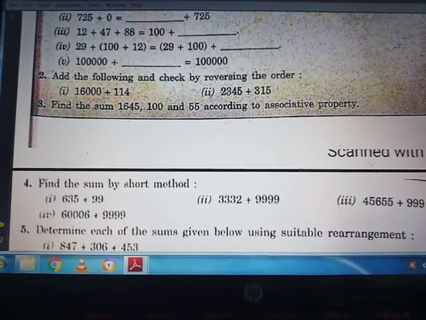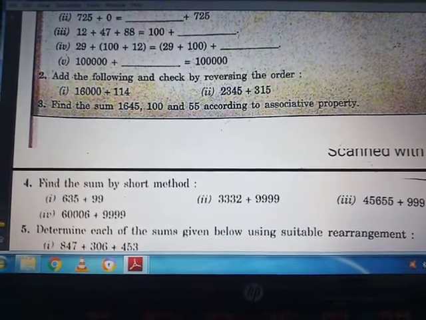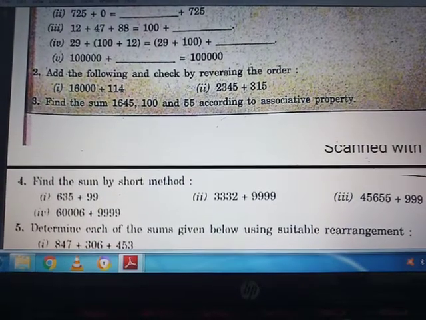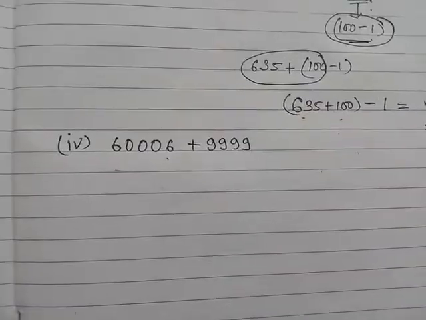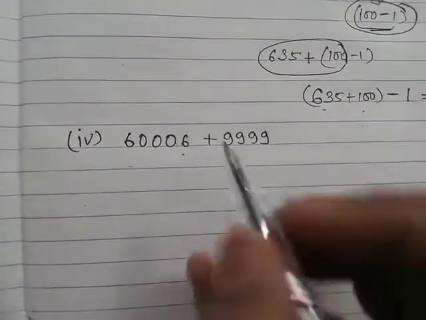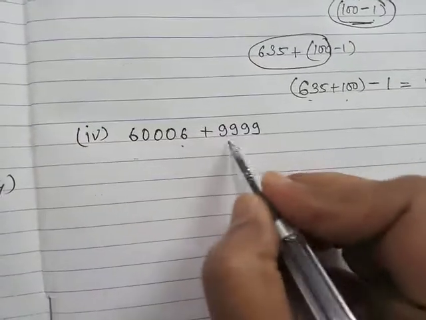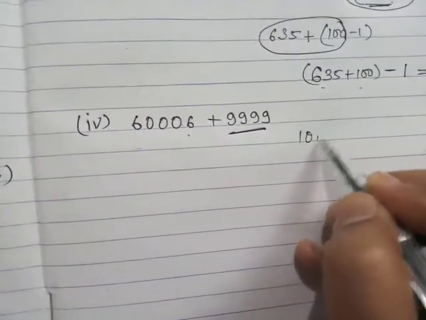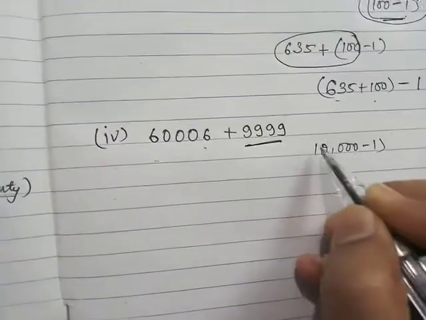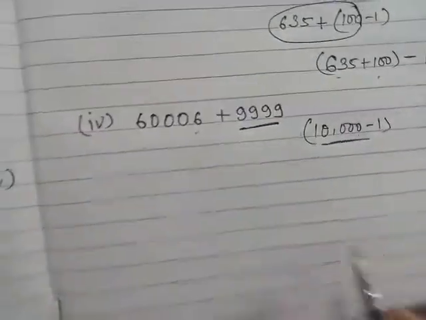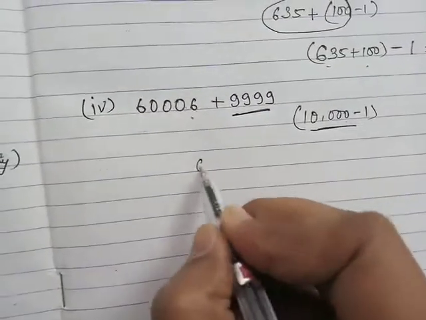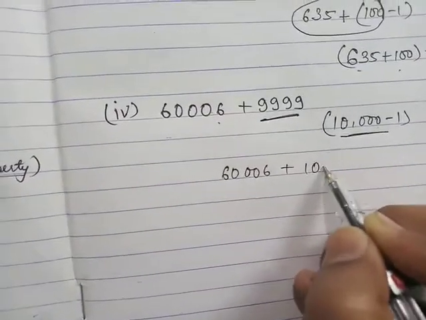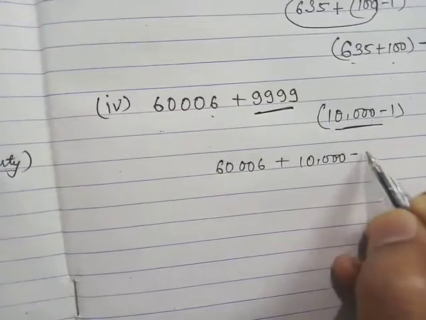We will go through the fourth part of this question, that is 60,006 and 9,999. What you will do is simply write 9,999 as 10,000 minus 1. We will put this value here: 60,006 plus 10,000 minus 1.